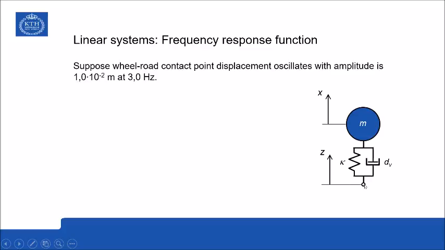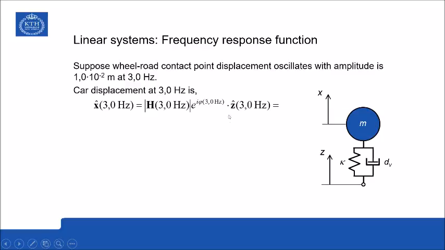The peak value is 1 centimeter at 3 Hertz. Then the car displacement at 3 Hertz will of course be 5.4 times the phase factor here times the excitation at 3 Hertz.